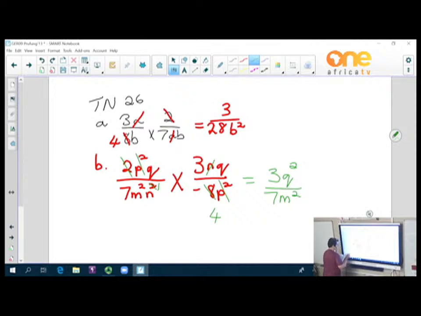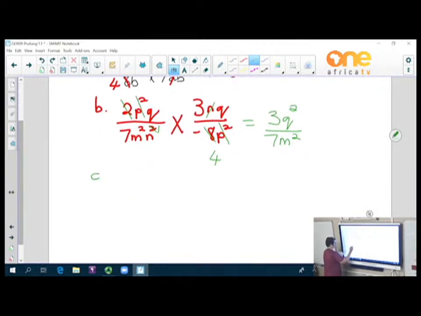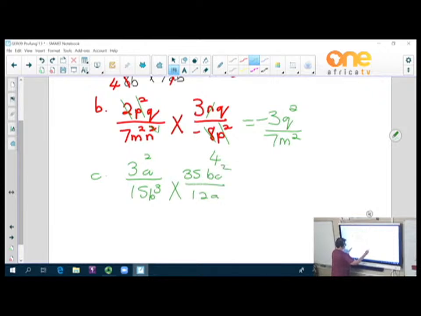The next one, number C, 3a squared, and there's still that negative, we shouldn't ignore that negative, over 15b to the power of 3, multiply with 35bc squared over 12ac.